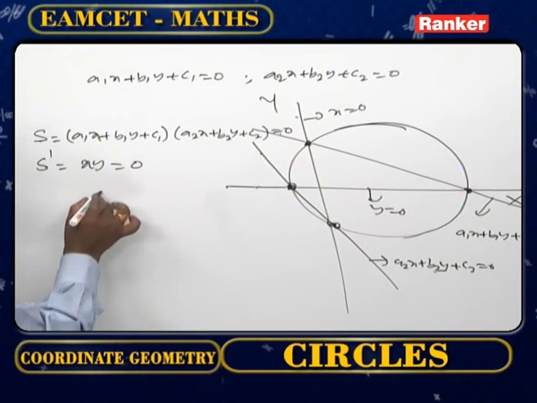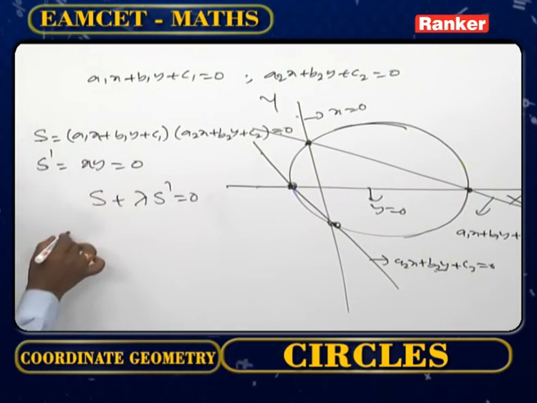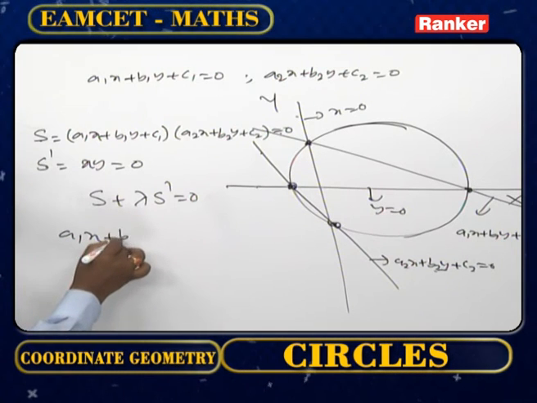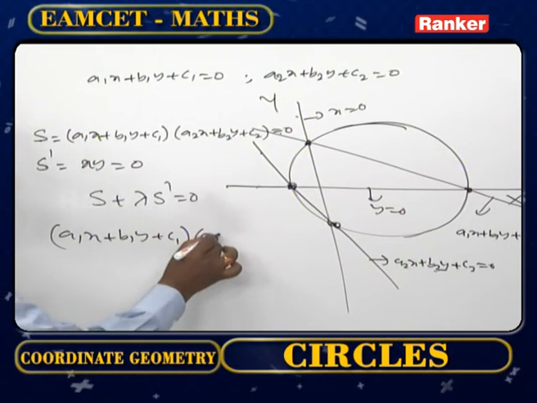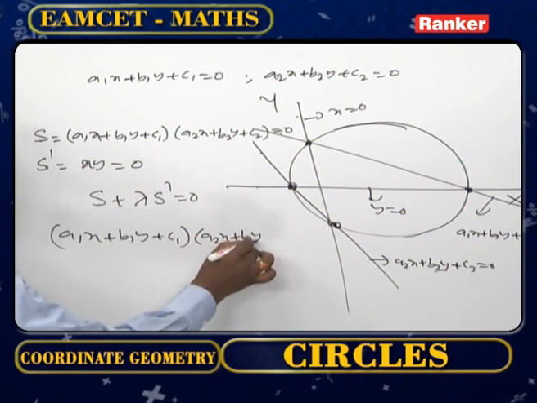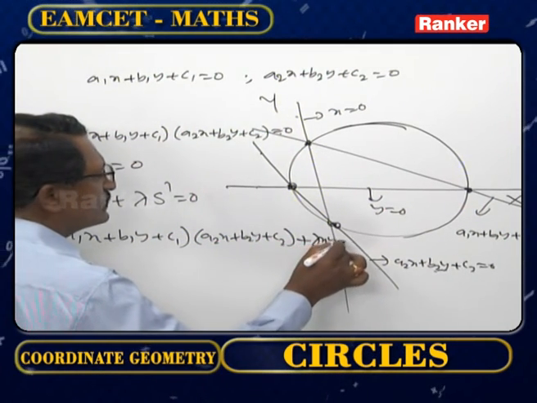Then its equation must be of the form S plus lambda S dash equals to 0, or a1x plus b1y plus c1 into a2x plus b2y plus c2 plus lambda xy equals to 0.